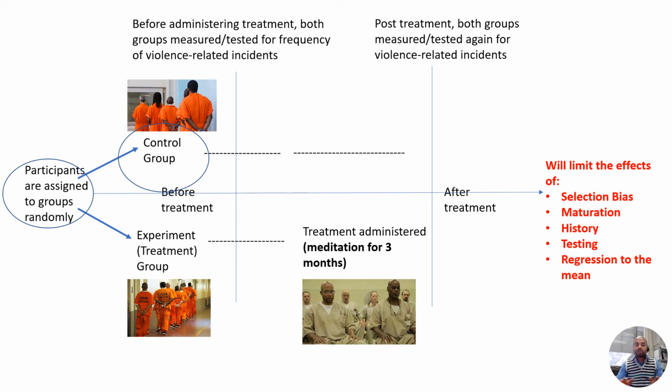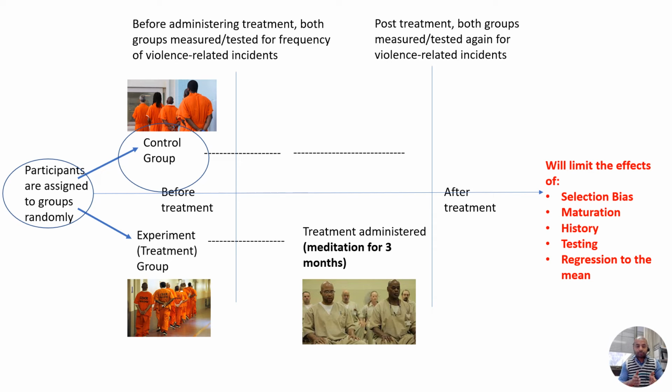The second one is maturation. Maturation means how much time period has elapsed between the treatment and the collection of the data. So too much time should not elapse between once you administer the treatment and you collect the data. That's because other variables start to creep in.